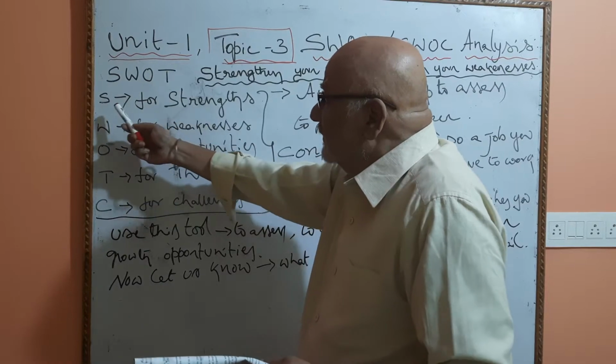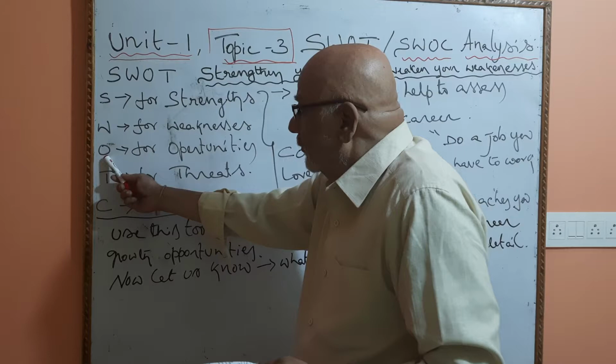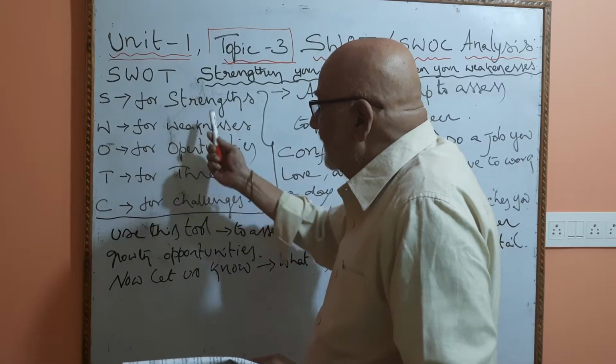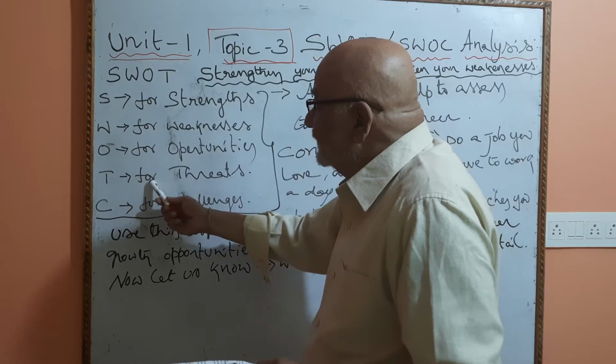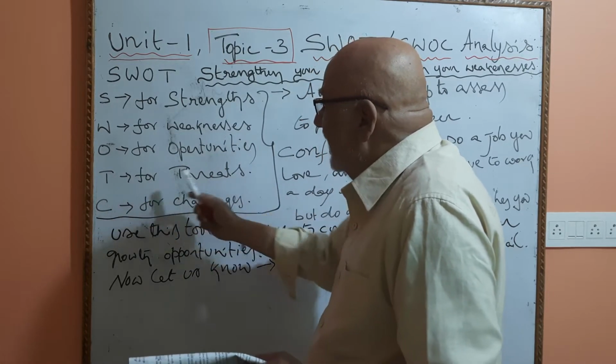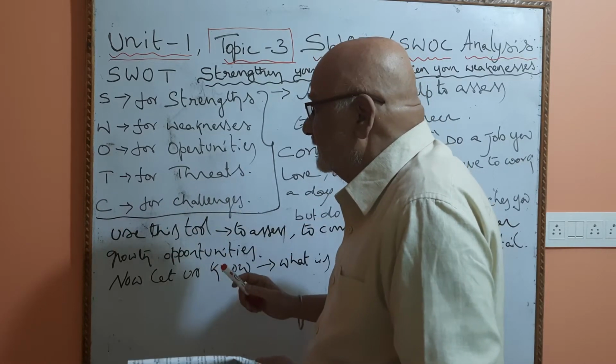SWOT again, S for strengths, W for weakness, O for opportunities. These three are common. But in the first one, T for threats, C for challenges.